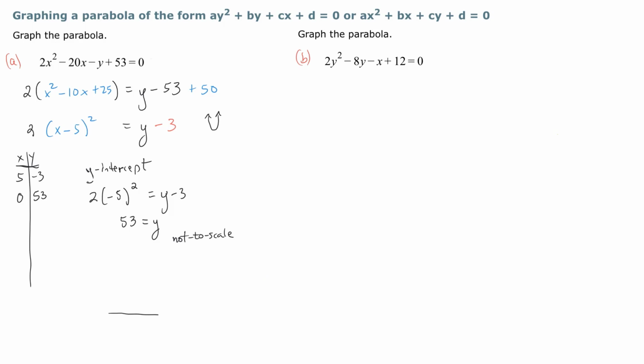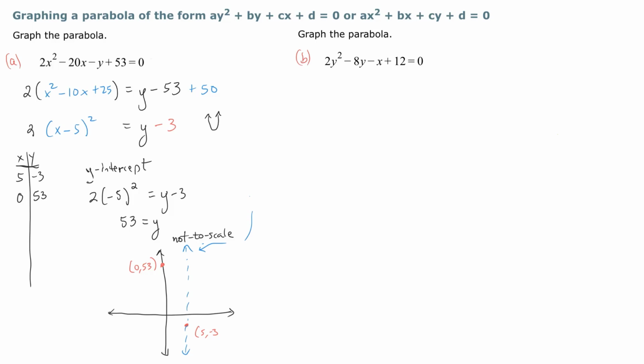Let's try it this way. I'll draw a dot to scale this way. So 5, negative 3 is over here. That's much better. And this is 5, negative 3. Now I have an axis of symmetry that's vertical. So we have to label a vertical line.